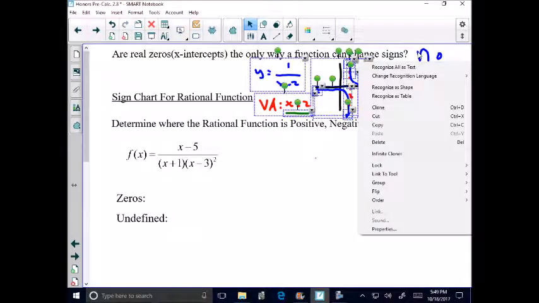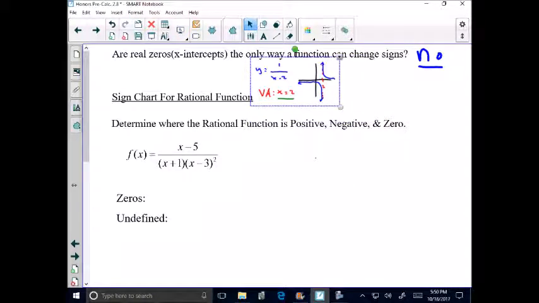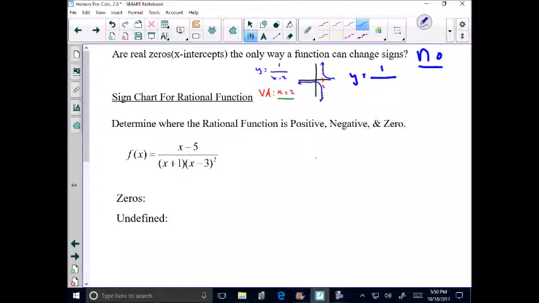So right here, we're going to take a look at this example. If we have the function y equals 1 over x minus 2 squared now, we're going to get a vertical asymptote at the x value of 2 again, right?